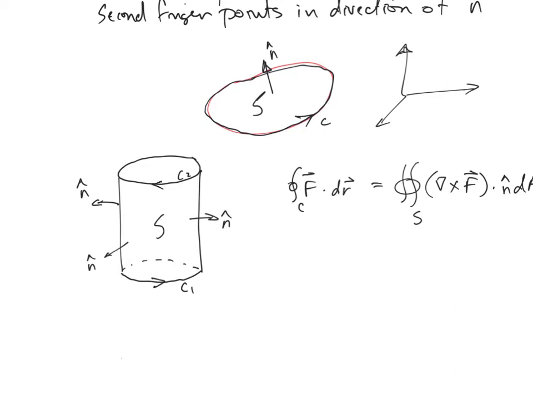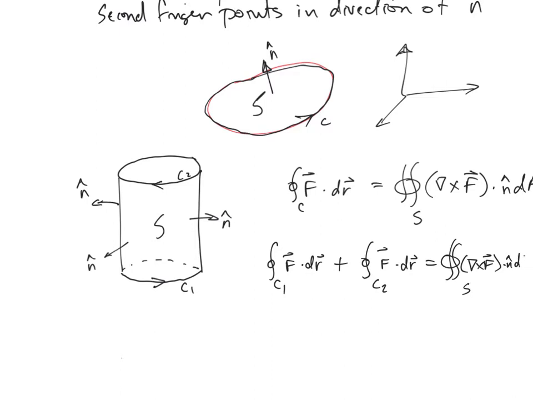Okay, so now Stokes' theorem in this case would be, okay, so that Stokes' theorem now tells me that the sum of the vector line integrals around C1 and C2 is equal to the surface integral of the curl of F along the surface S.